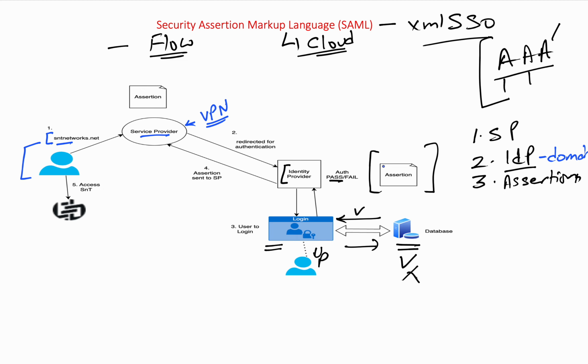Out of that, the assertion will have that user information specifically. It will have timestamps. It will have that user identity, what group it belongs to, all of that information. Now with that information, the SAML server, or the identity provider, will create the SAML assertion and send it to the service provider.